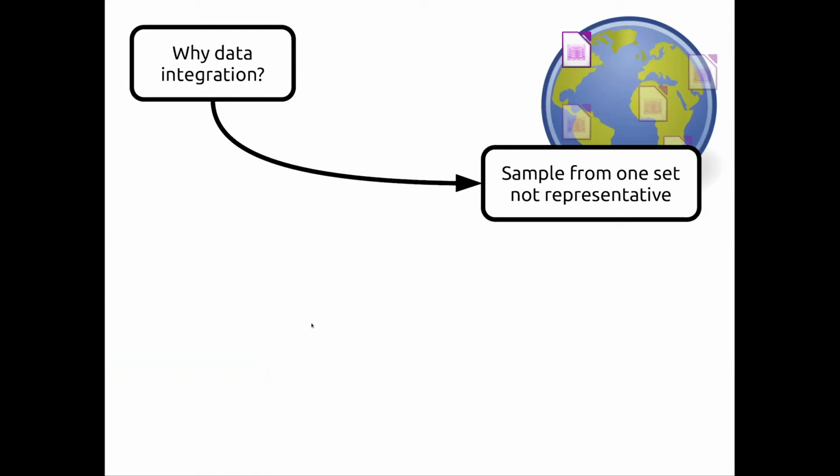If I wanted to have a sort of a representative understanding of what this area is, I would go and look for information from every single one of these experts. It doesn't really make sense to only look at one place and expect that my conclusions will be accurate and representative. So increasing the sample is one reason why we want to integrate data.